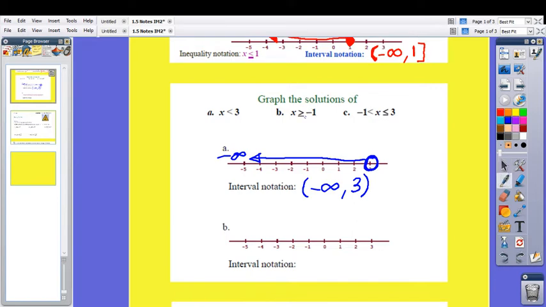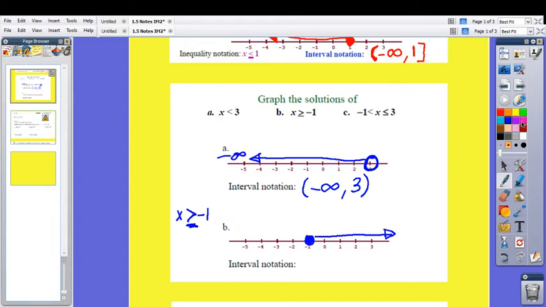Let's do B, and B says x is greater than or equal to -1. So this is -1. We will fill it because it says equal, and we will be going to the right because it says more than -1.